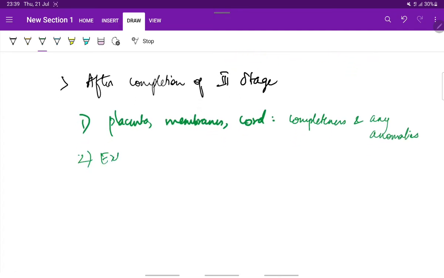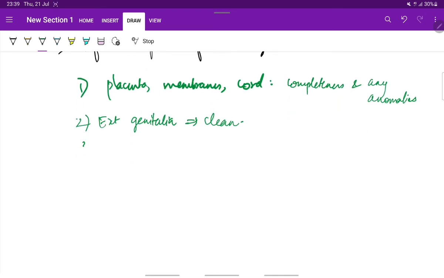Next, the external genitalia should be thoroughly cleaned with antiseptic. Next, we should give a sterile or antiseptic pad to the vulva.